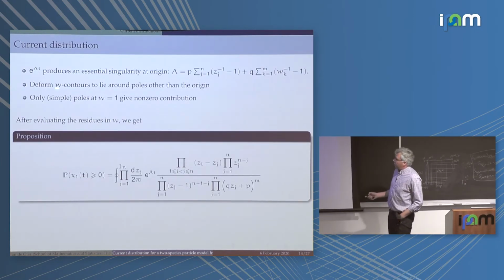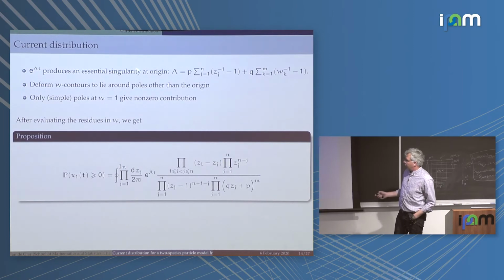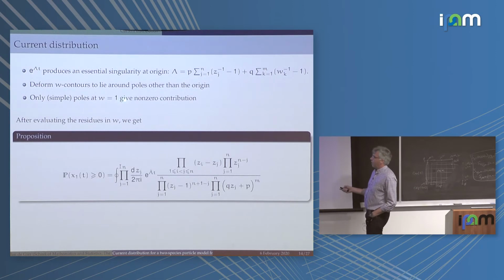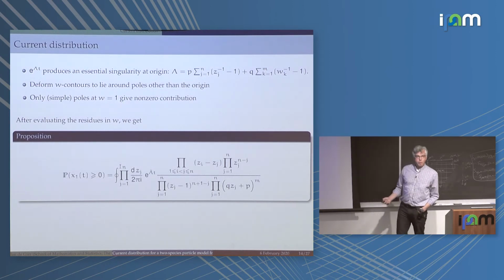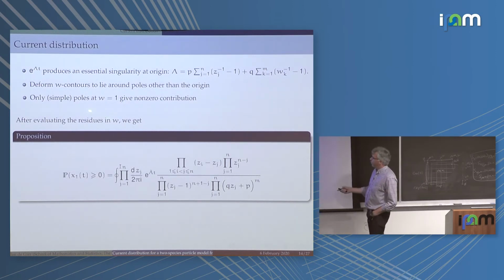So, as I said, this e to the lambda t produces an essential singularity at the origin, and so you need to deform the w contours to lie around other poles. Now, there are these dynamic poles, but for this particular initial condition, it turns out that they don't give a non-zero contribution, and only the simple poles at w equals 1 give a non-zero contribution.